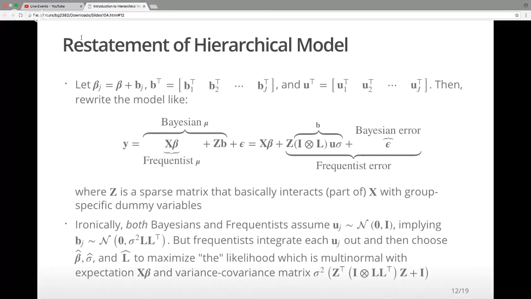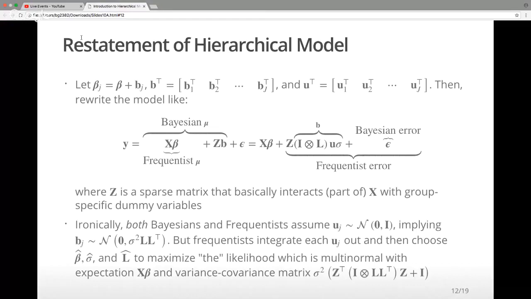U relates to B as follows, using the same construction that we were talking about last Thursday, where if you have a multivariate normal distribution, you can write that as a Cholesky factor times independent standard normals. So U represents something that both Bayesians and frequentists believe to be independent standard normal, and you're multiplying it by the Cholesky factor of its covariance matrix.